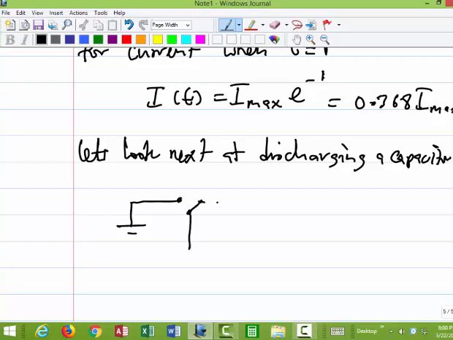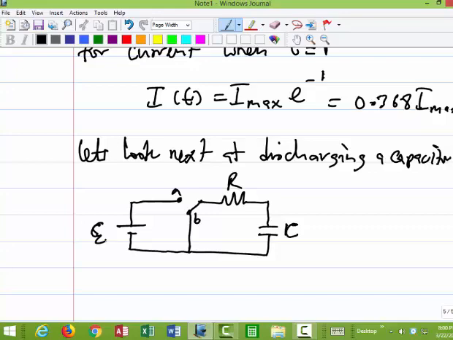This is B, and that is A. When we put the switch at point B, we are assuming that the capacitor is fully charged, and we are just discharging it through the resistor.